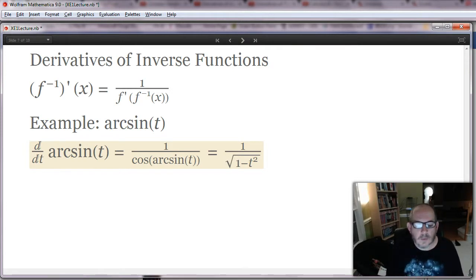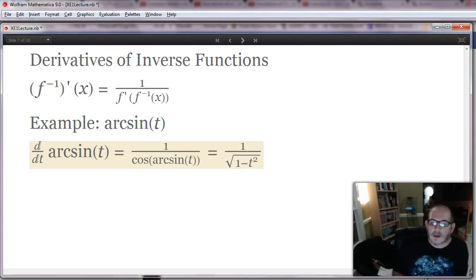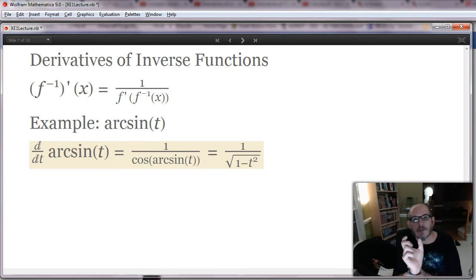We've got a formula that we might not ever want to work through again. So we probably remember in our heads that the derivative of arcsine is 1 over the square root of 1 minus t squared. And if someone says, why is that? You might say, well, it's because when you take the derivative of inverse functions, you often end up with a trig function of some form being applied to an inverse trig function, but they're not the same function.